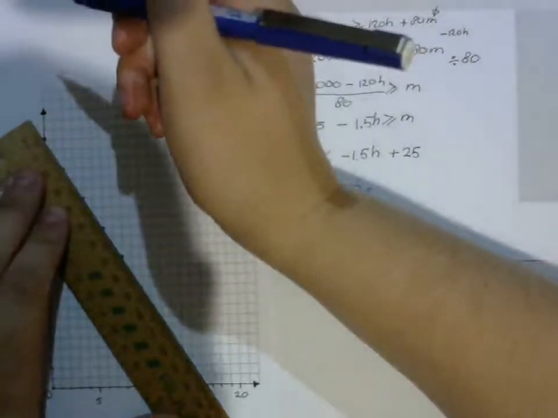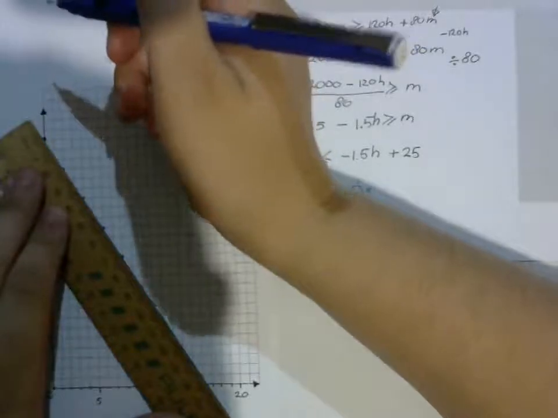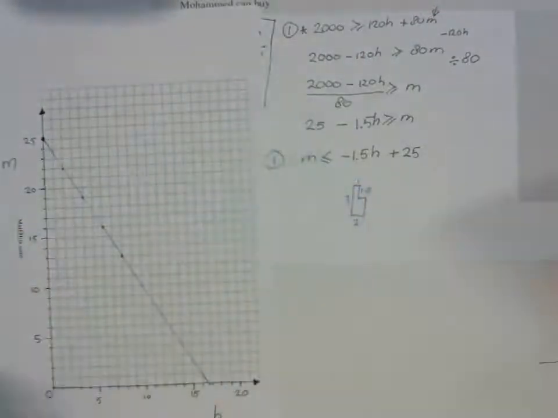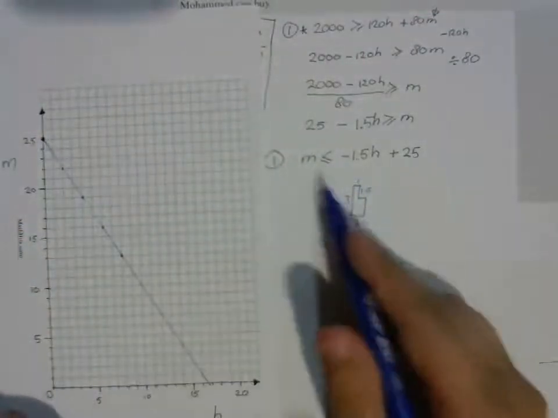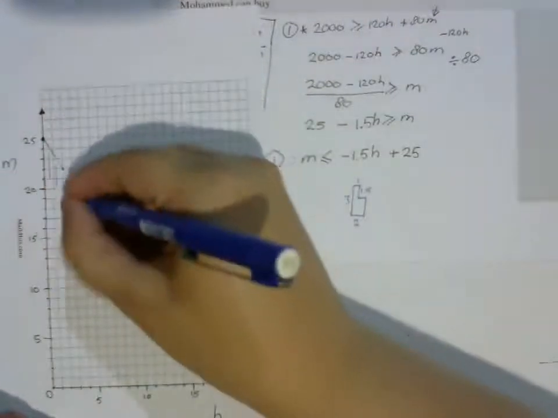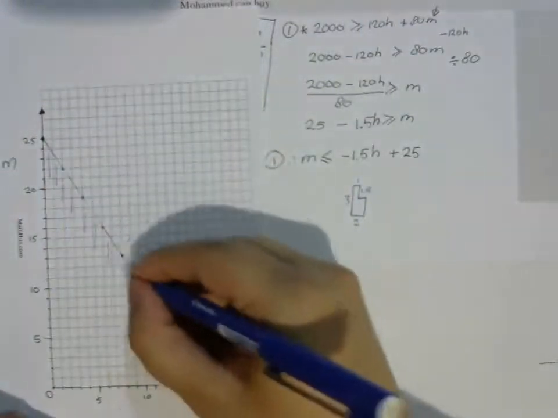Just making sure it lines up correctly. There we go. Now m needs to be less than this line, so we're going to shade below the line.